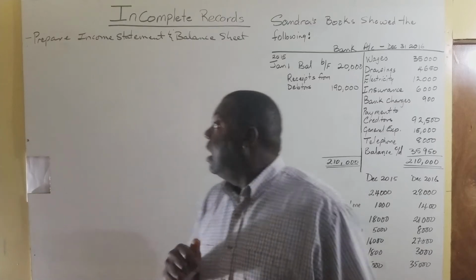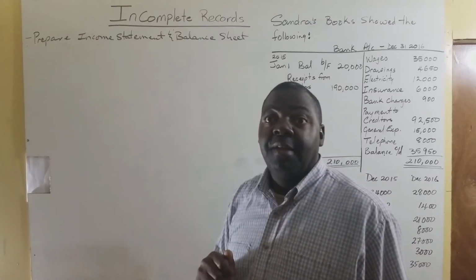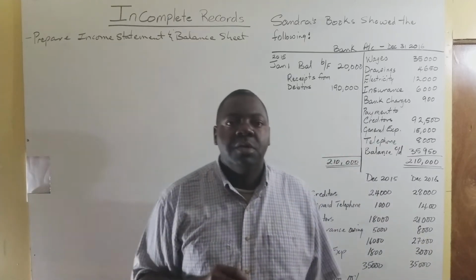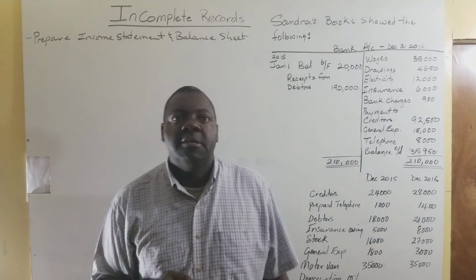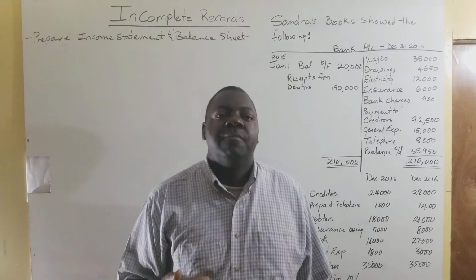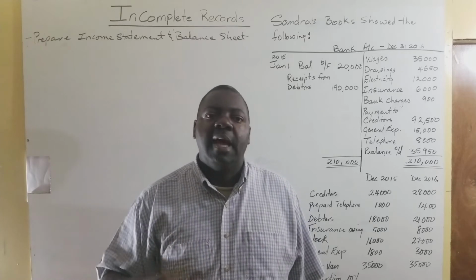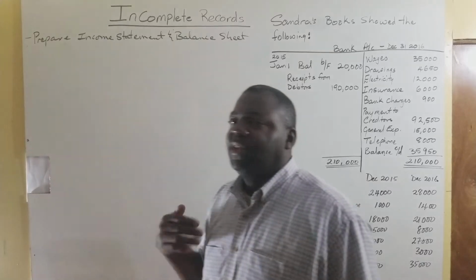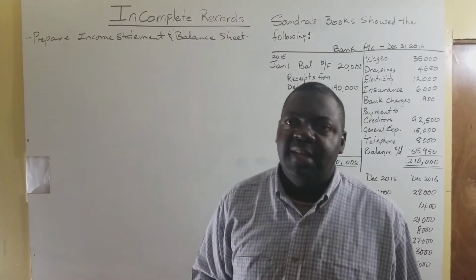Welcome again. As we look at the incomplete records, we have showed you in two previous lessons how we can find profit and capital based on the information we have received.